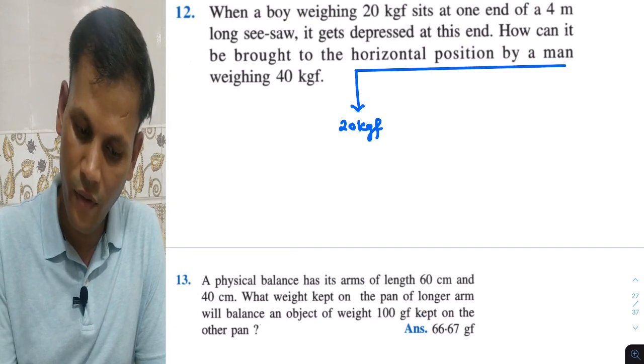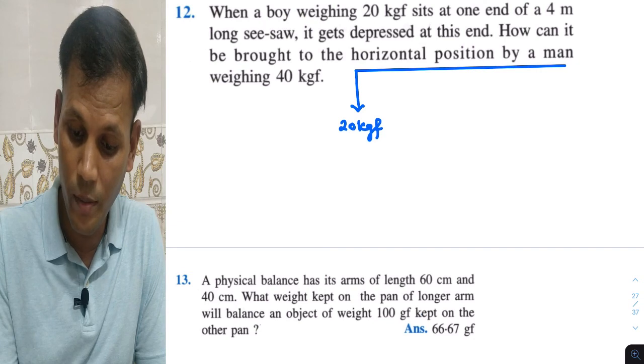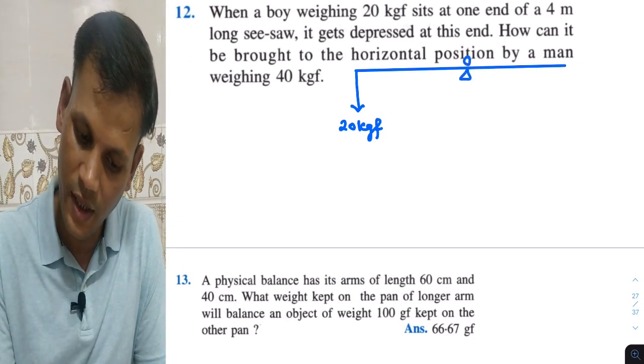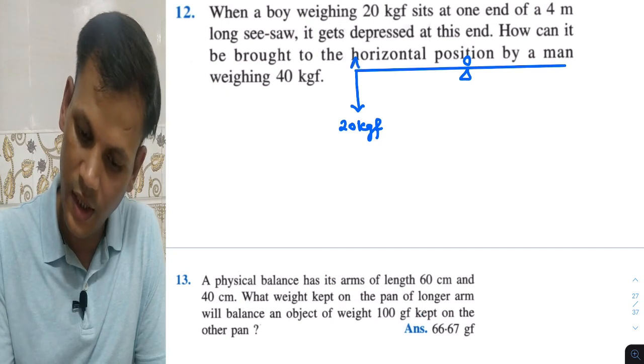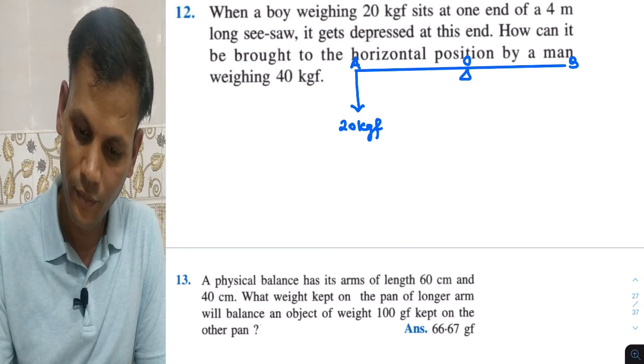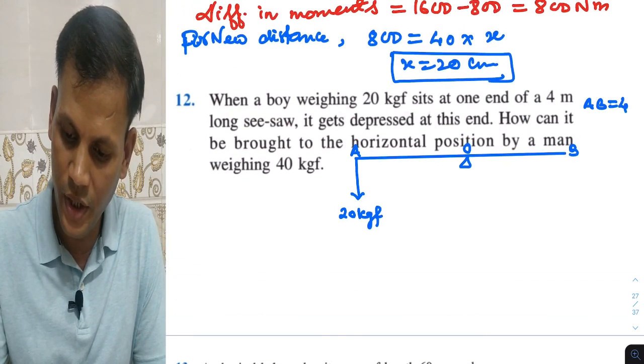The seesaw is of course balanced at the pivoted point, which will be at 2 meter, since the overall length is 4 meter. This point I will take as O. This is A and this is B, overall AB is 4 meter.